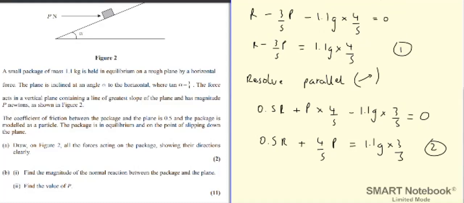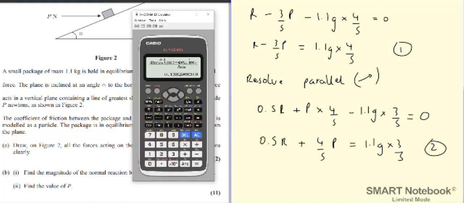So now I've got a pair of simultaneous equations. I don't want to work this out manually, so I'm going to go into menu, simultaneous, two unknowns. X I'll treat as R, so 1R minus 3 over 5 equals 1.1 times 9.8 times 0.8. That's equation number 1 typed in.